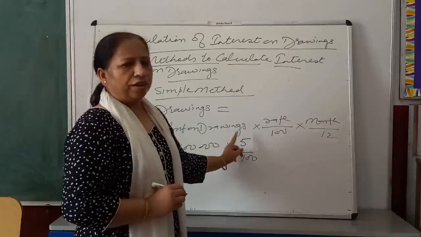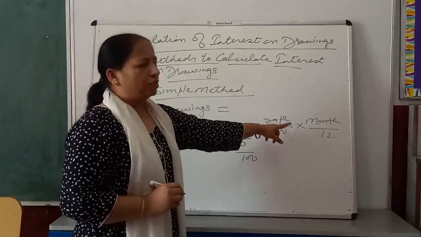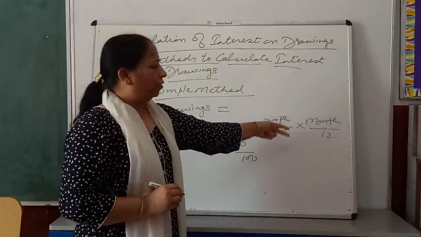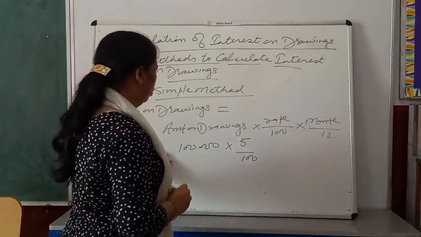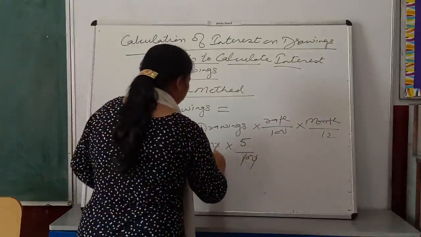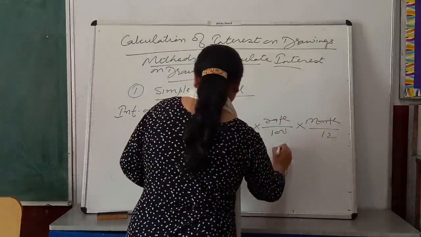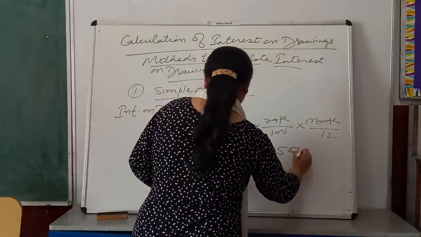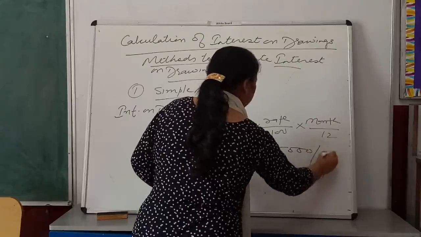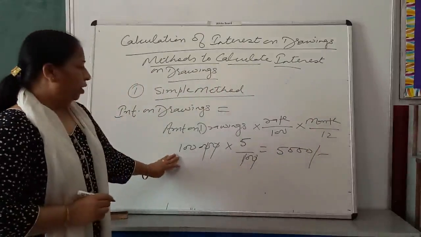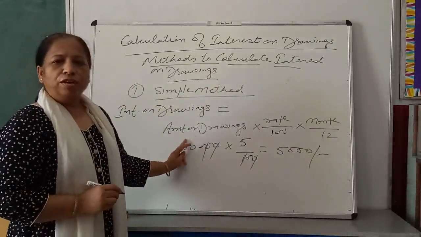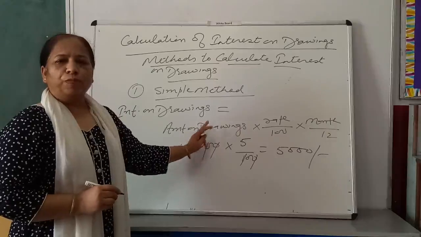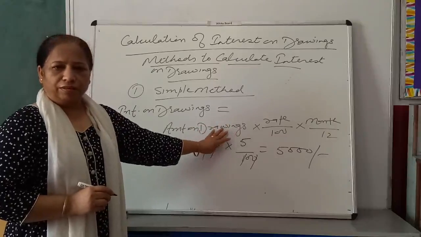If annual interest is given to you, then there is no need to write month upon 12, that is 12 upon 12, which will be of no use. So your interest will be 5,000. Am I clear? This is the formula to calculate interest on drawings by the simple method.